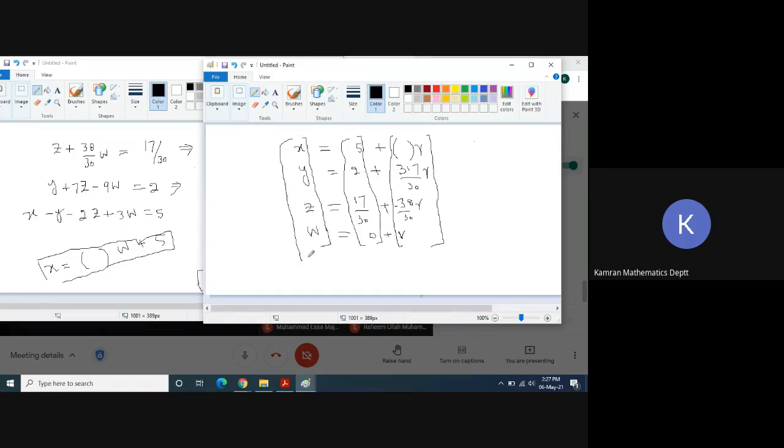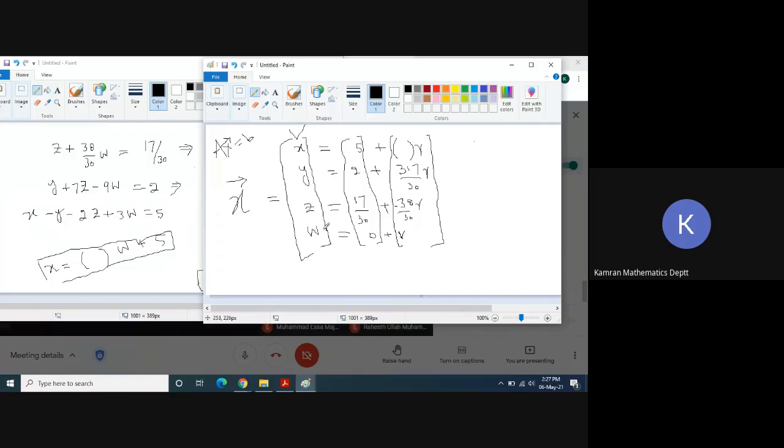This is actually denoted by x vector, which is the solution of the given system Ax is equal to b.